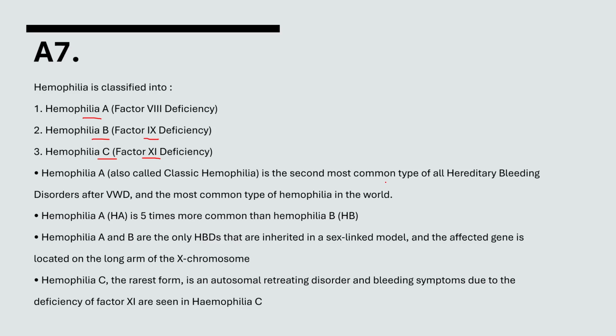Hemophilia A, also called classic hemophilia, is the second most common type of all hereditary bleeding disorders after VWD, and the most common type of hemophilia in the world. Hemophilia A is 5 times more common than hemophilia B, and hemophilia A and B are the only hereditary bleeding disorders that are inherited in a sex-linked manner, and the affected gene is located on the long arm of the X chromosome.